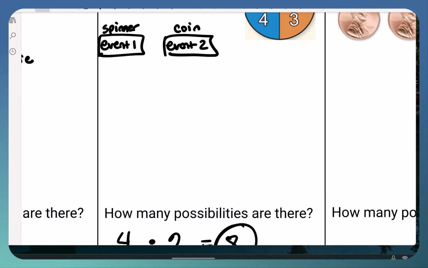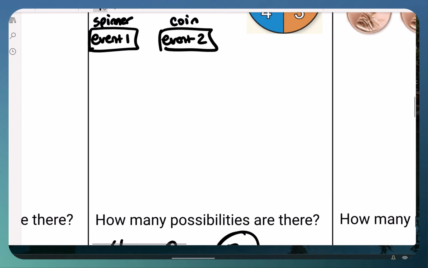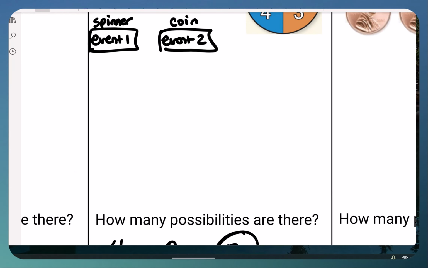Okay, so what are the 4 possibilities for the spinner? Now, when you do your tree diagram, listen carefully. The first event needs to be equally spaced. So I'm going to do 1, 2, 3, 4. Because you're going to have to branch your tree diagram out, you need space. If you don't give yourself space, it's going to be all jumbled up, okay? For the coin, though, I have 2 possibilities per outcome.